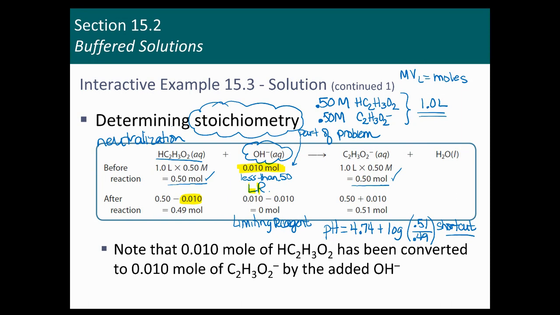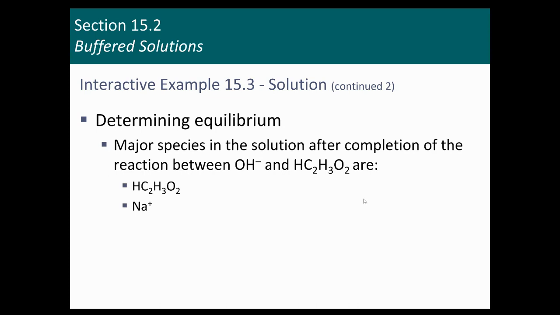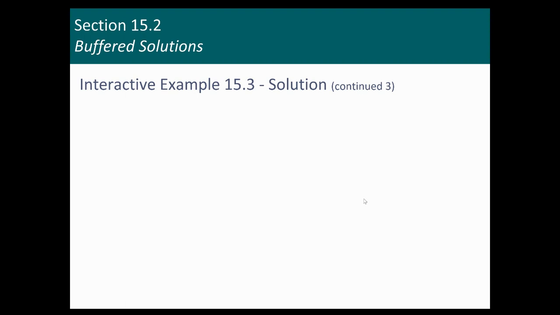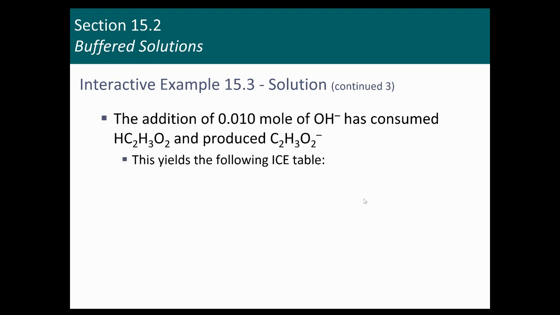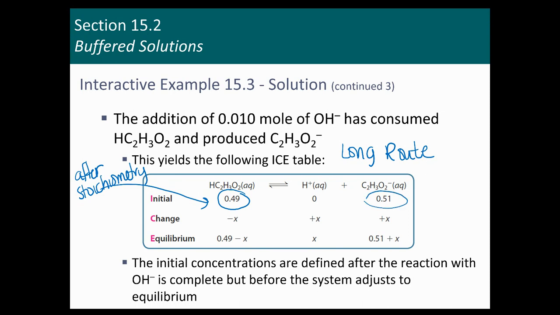Okay, all right, so let's take a look. Now what this is showing us is what I call the long route. And it's good conceptually to know it. Here was my weak acid after the stoichiometry. This was the acetate after the stoichiometry.